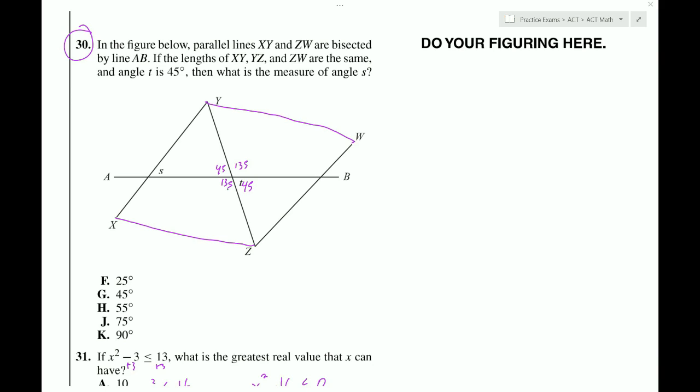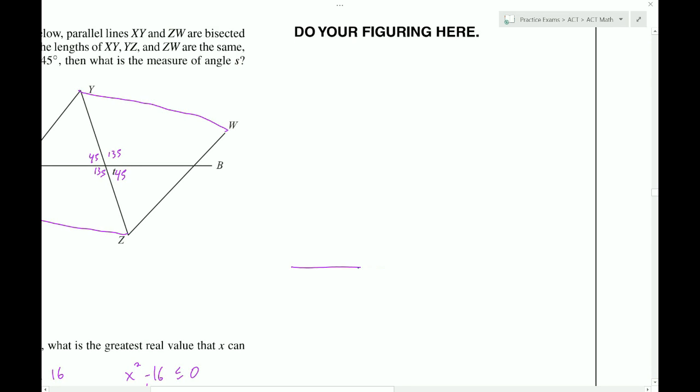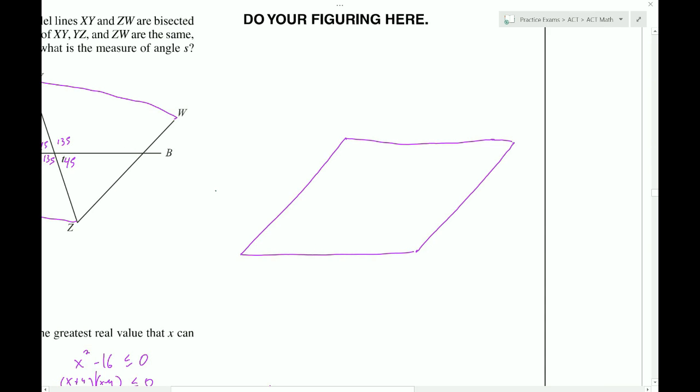So XY, YZ, and ZW are bisected. So again, I'd be inclined to draw this over. So really we have a rhombus here. So all 4 sides should be equal, and then we have a line that's cutting through halfway. And then we have this other piece here.